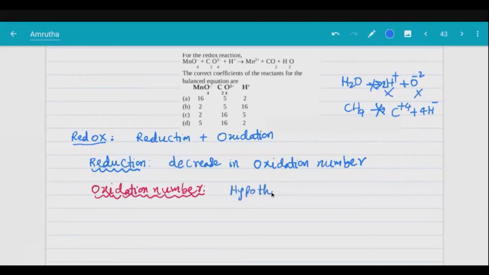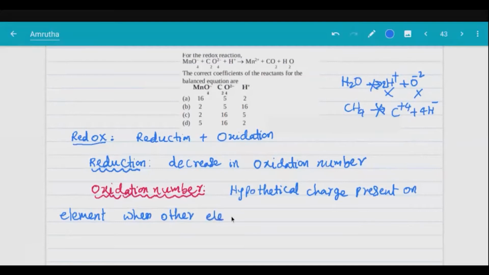Listen carefully here. It is just a hypothetical charge present on an element when other elements are removed as ions. Whatever the leftover charge on that particular element is the oxidation number.